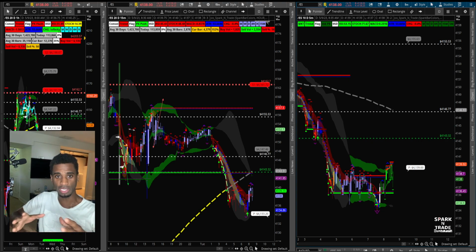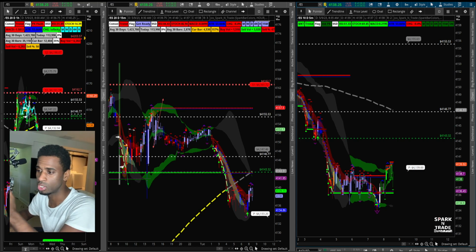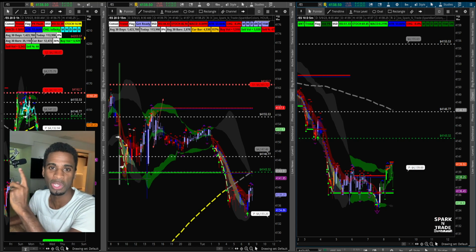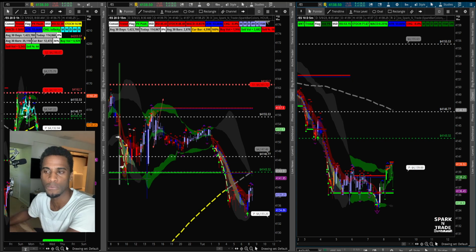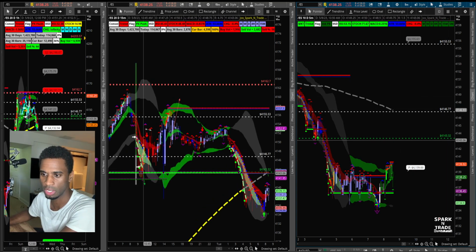I only have three setups, trying to make trading this random market very simple. And when you see these three setups, I think after some time it would be very easy for us to spot and execute. So with that being said, let's go to the only trade that I took, and let's go into the chart.